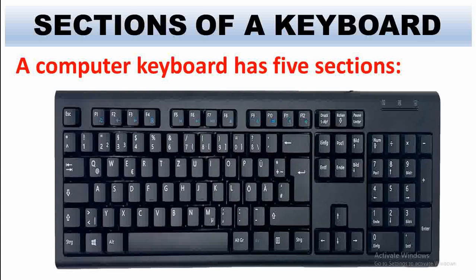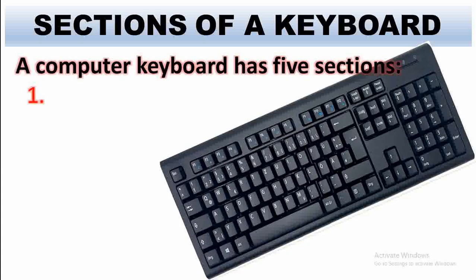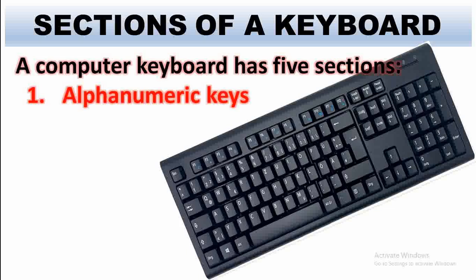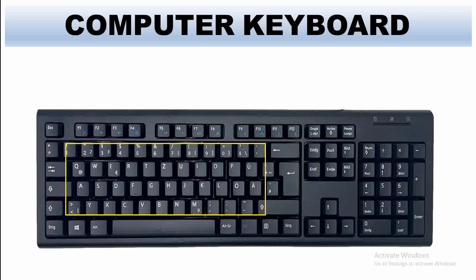The first one is called alphanumeric keys. Alpha from the word alphabet, numeric from the word number, which means if you are talking about alphanumeric, you are talking about that section that has both alphabet and number. Which section is that one? If you look at that section, you can see we have 1 2 3 4 5 6 7 8 9 0 at the top.